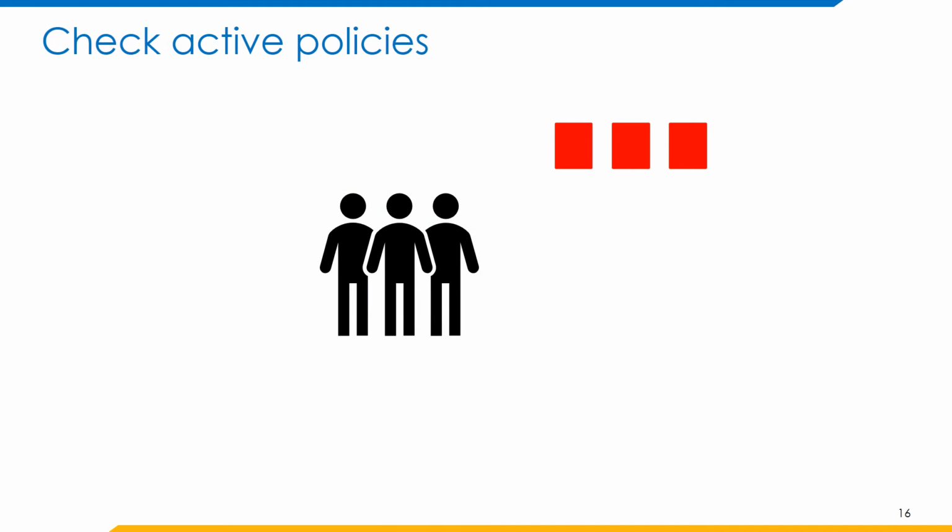The next option that we are going to consider is check active policies. This option helps us to decide whether we need to check or validate the active policies against a specific identity or not.